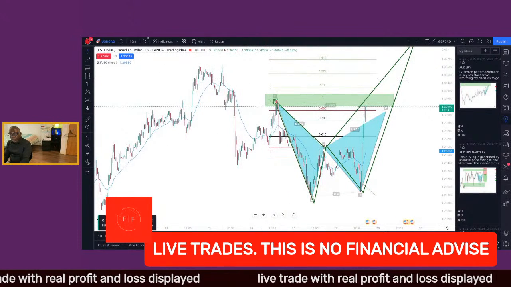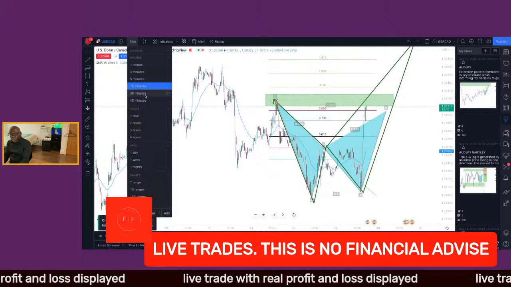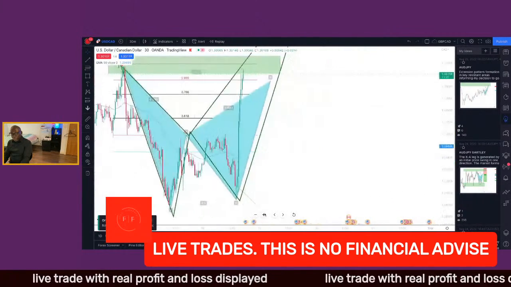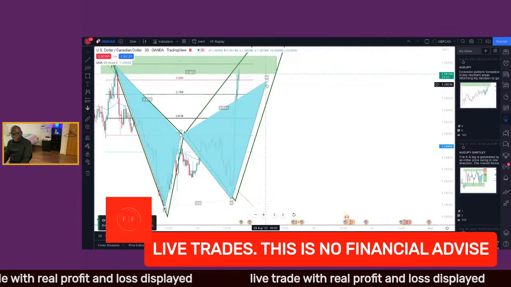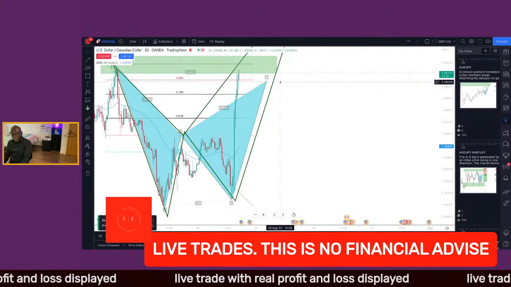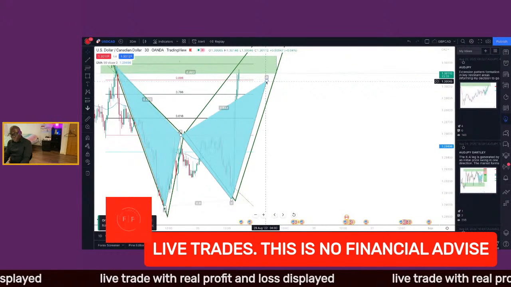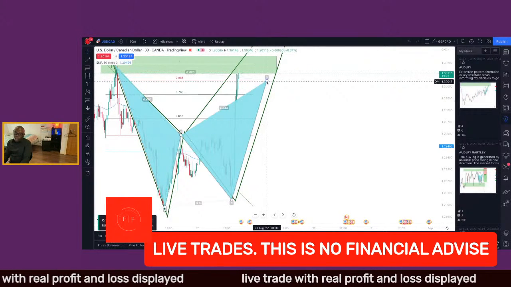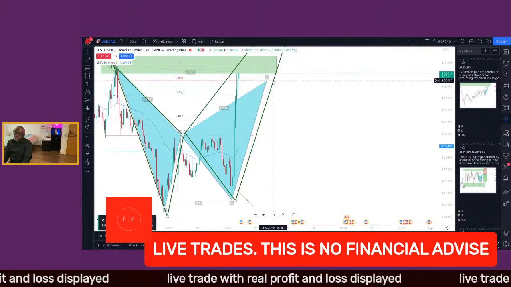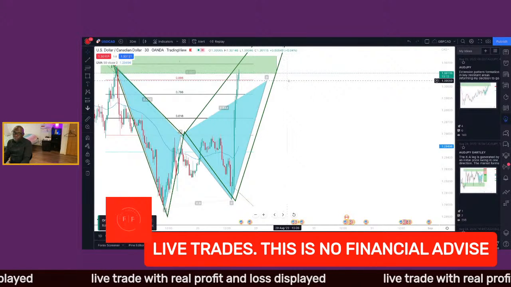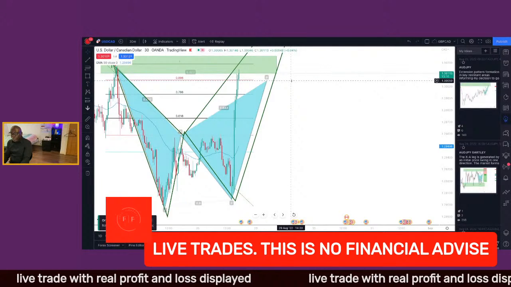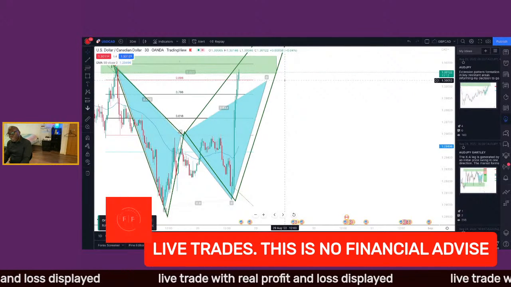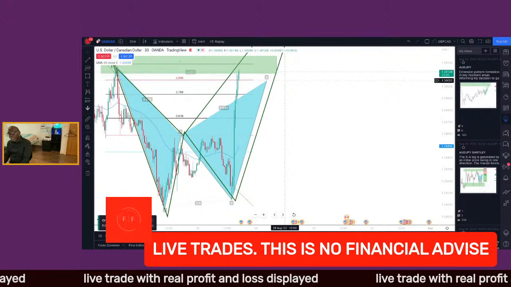So let me go to the 30 minutes time frame. So I believe this would be a failed Bat pattern. The reason I'm saying that, normally with a Bat pattern or with any harmonic pattern, once you get to your potential reversal zone, there's most of the time an indication of what's likely to happen.